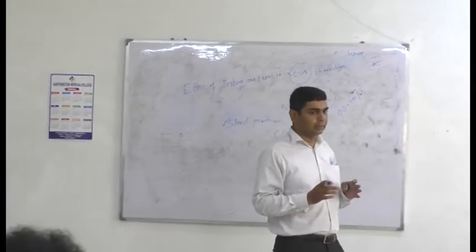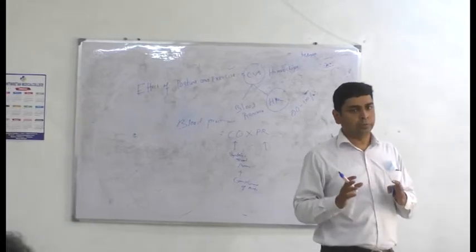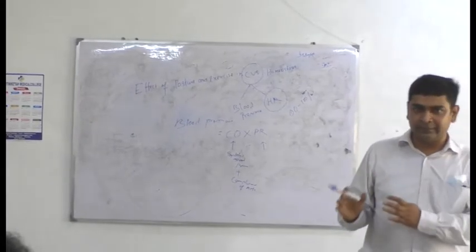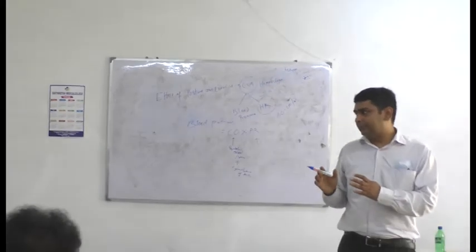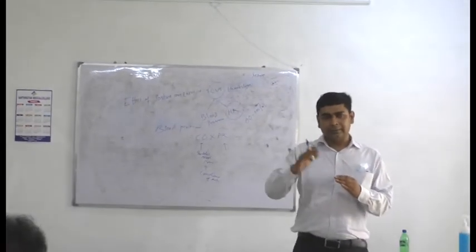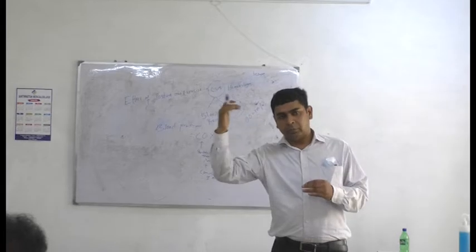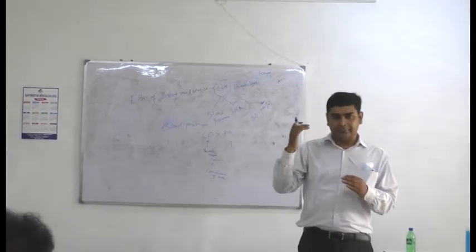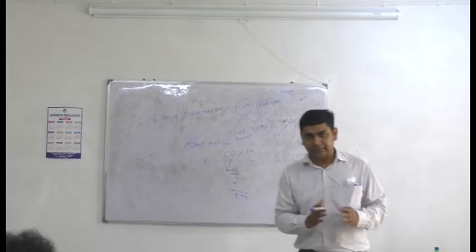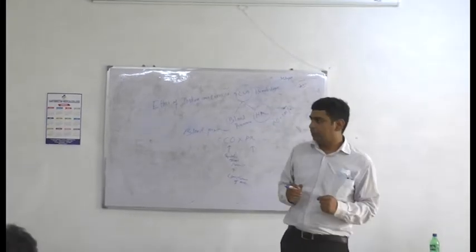In our heart there are two neural controls, sympathetic and parasympathetic. When sympathetic control takes the upper hand, the heart rate is above 100. But when parasympathetic takes control, the heart rate is below 60. That is called bradycardia.